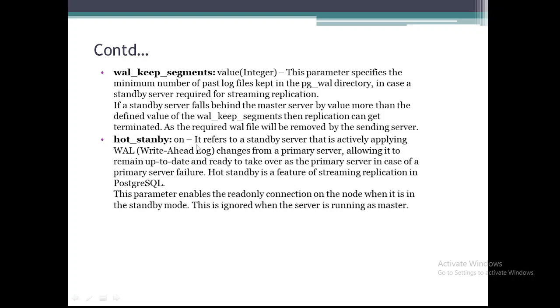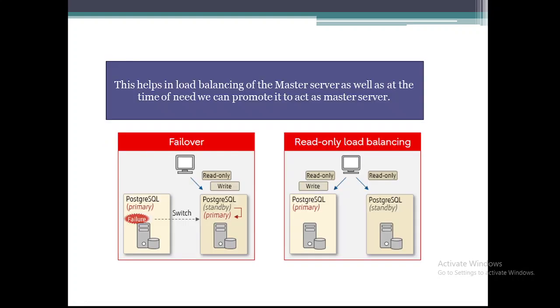So if we promote our standby to master, this parameter is ignored. But if it is running as a standby server, this parameter is important, and it ensures that the standby server runs in read-only mode. In case of failover, you switch your standby server to the primary server, and then it accepts both read and write connections. Earlier, the primary server accepted read and write connections, and the standby server accepted only read-only connections.